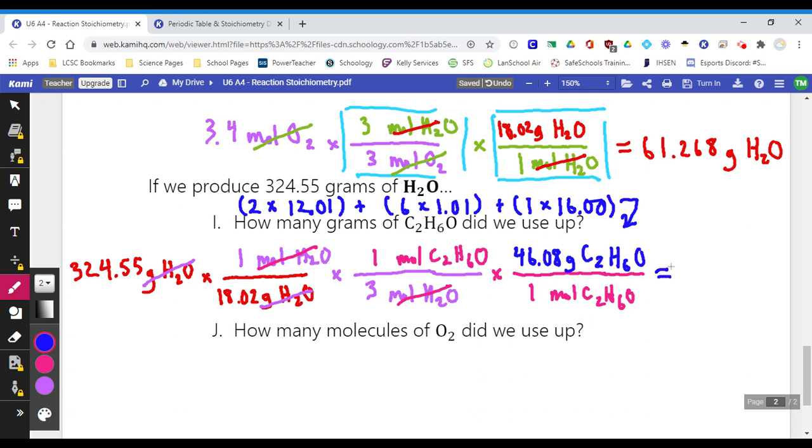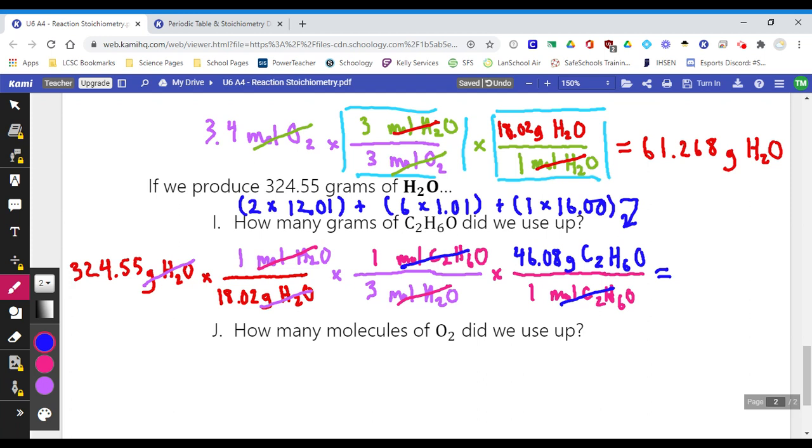Okay, this last fraction bar cancels out our moles of C2H6O. So we take 324.55 times 1 divided by 18.02 times 1 divided by 3 times 46.08 divided by 1.